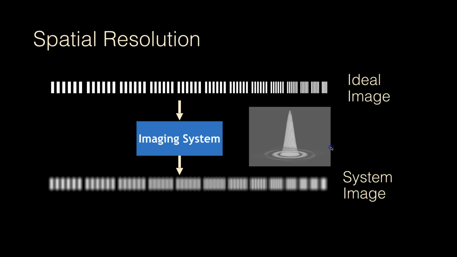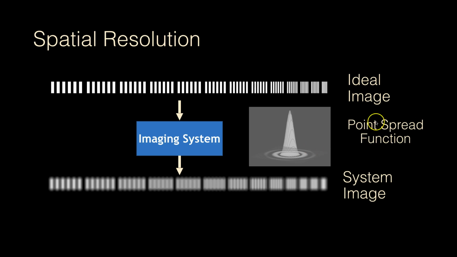And what we call that is the point spread function. So if you input one single point, which is not spread at all, then how much would the signal energy be spread in space by the system, by the finite size of the focal spot and the finite size of the detector, for instance?